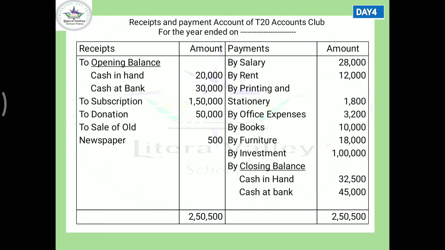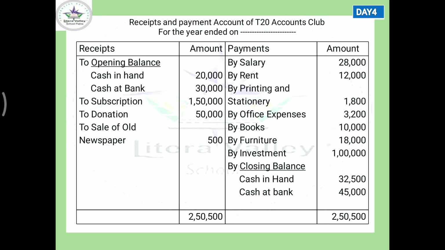No, because receipt and payment is prepared on cash basis and accrued interest has not been received, it is still accrued. Okay, in the same manner, salary paid, just you can see in the question also 28,000 and outstanding salary is 2,000.